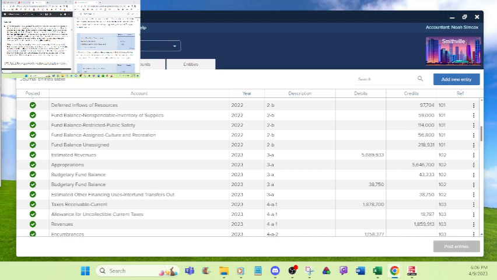Why would they do that? Like in this entry right here, they have estimated other financing sources in the exact same entry as this other stuff. There's like no discernible reason why they did those two separately. Dang it.